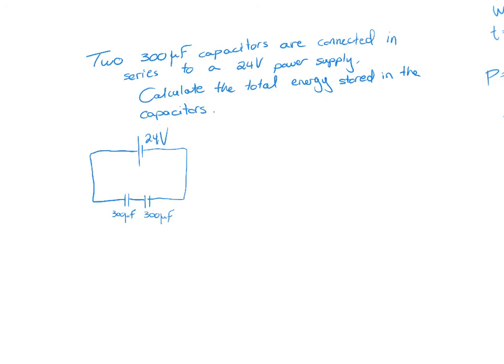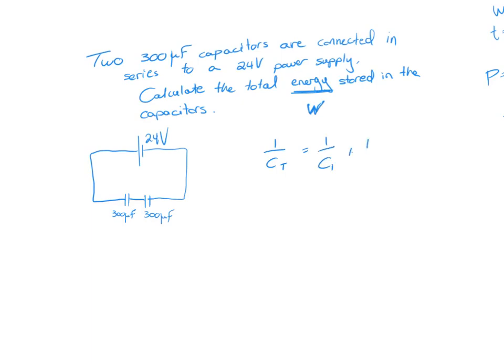I need to calculate the energy stored, work done, the W letter. But we only spoke about specific capacitors storing specific energy. Remember, when we have two capacitors in series or in parallel, we need to get their total capacitance. And unlike resistors, which add up their total resistance in series, capacitors have a smaller capacitance when you combine them in series. So remember, the equation to use is this one.